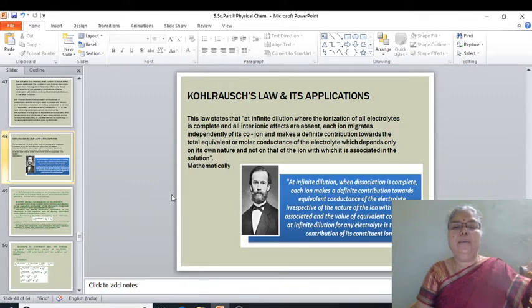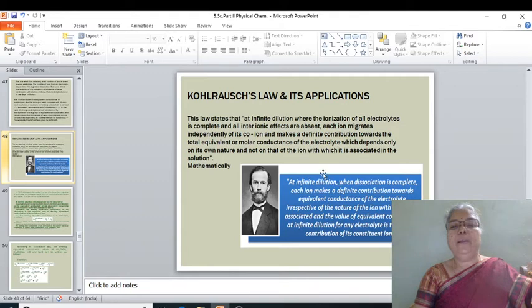He measured the lambda 0 values and found the same difference, 0.02341. In this pair, the anion is the same and the cation is different, and these observations led Kohlrausch to make his law: each ion contributes independently to the electrolytic conductivity, either molar or equivalent conductivity. This is the explanation of the Kohlrausch law.